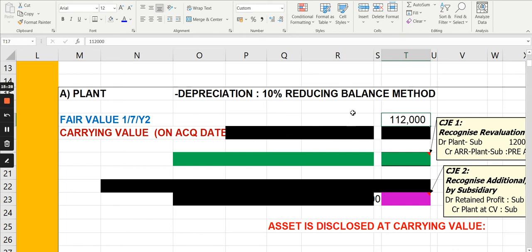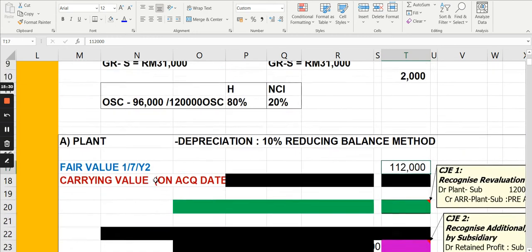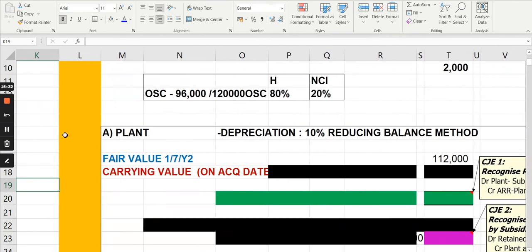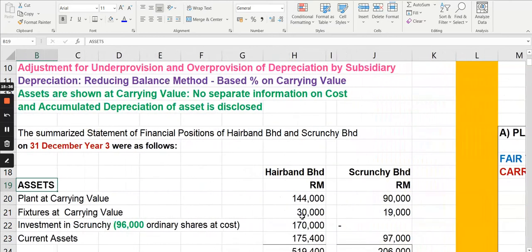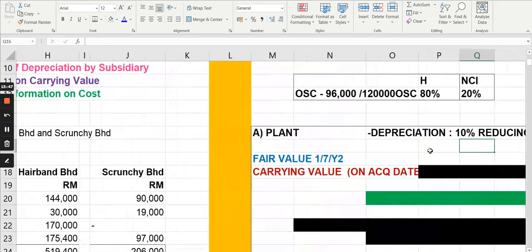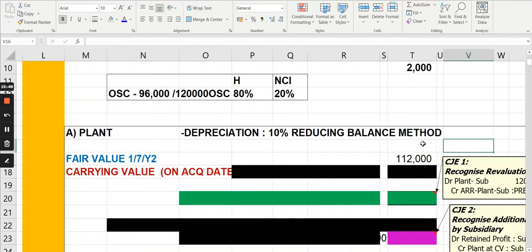The carrying value given in the statement of financial position here is not the one as at 1st of January year 3. This one is as at 31st of December. So you need to find out the carrying value 1 year earlier.